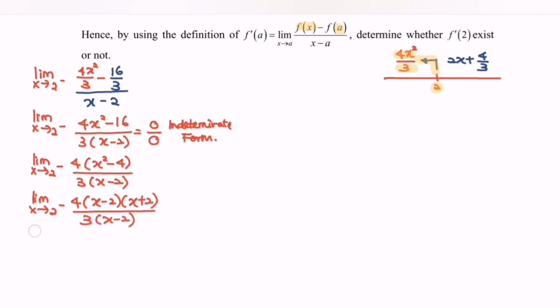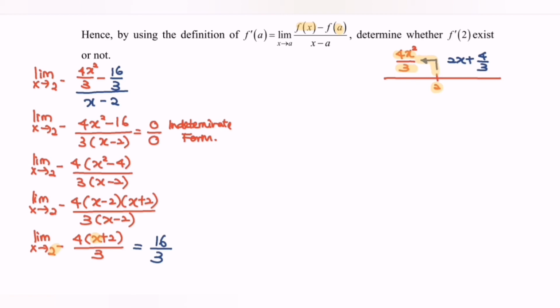Finally, the limit when x approaches 2 from the left is 4(x plus 2) over 3. By substituting the value 2 into x, we have 16 over 3. Meaning when x approaches 2 from the left, the value of y will be approaching 16 over 3.